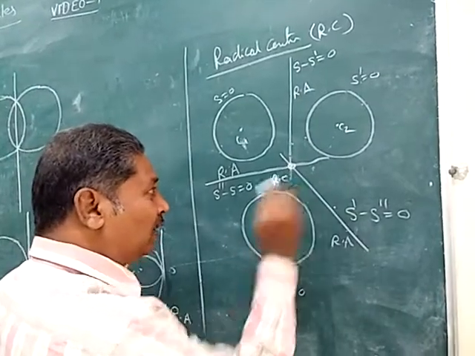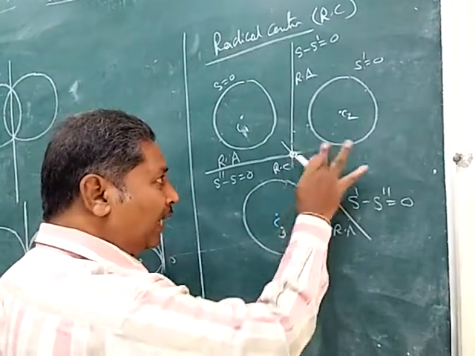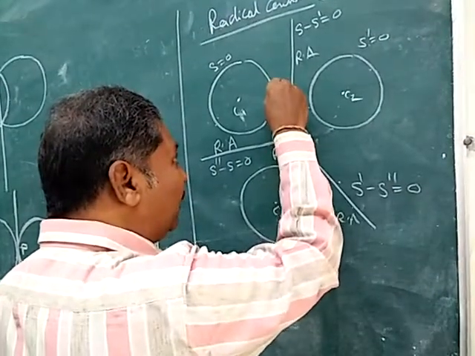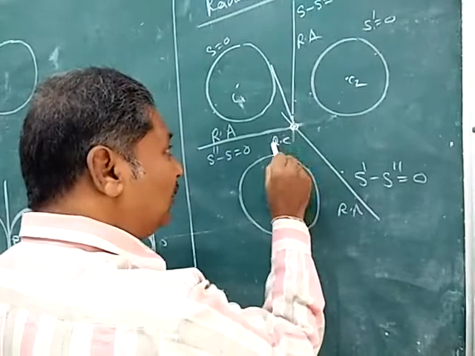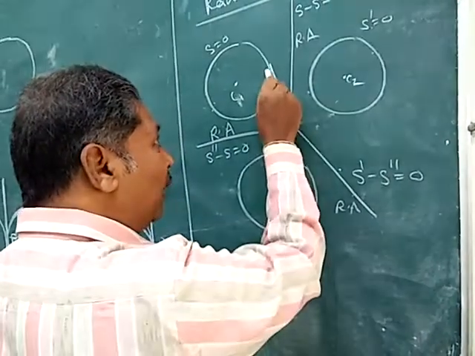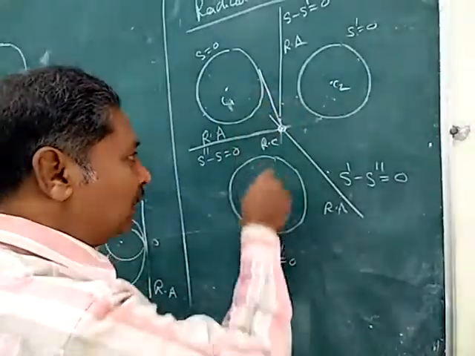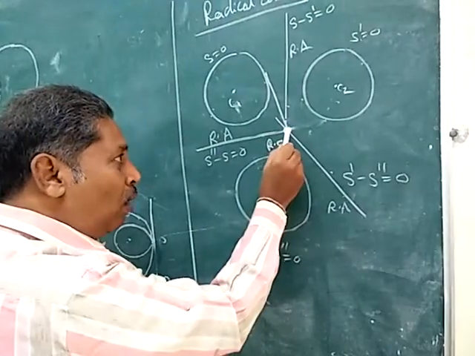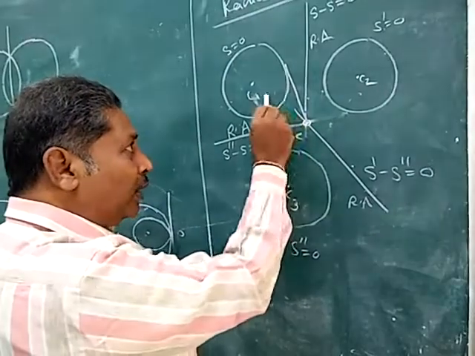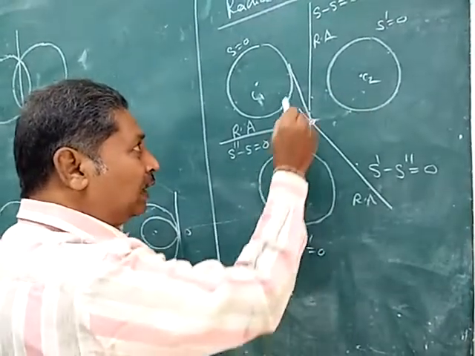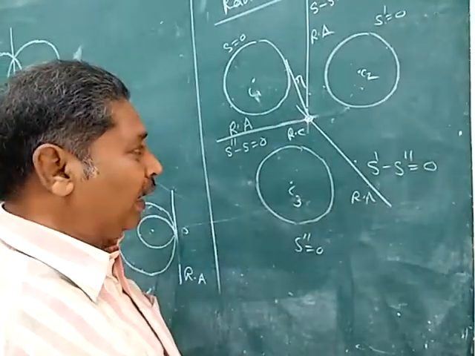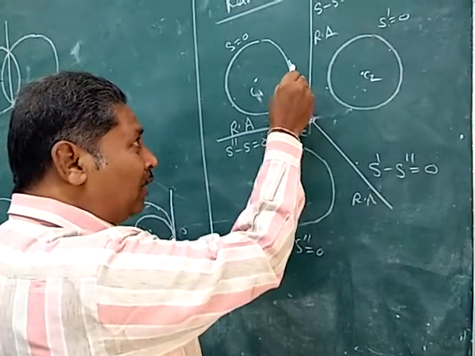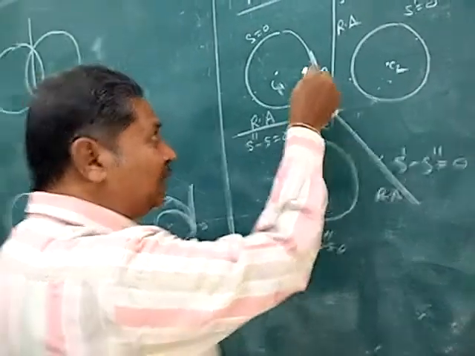Next, take this RC as center and the length of the tangent from RC to any one of these three circles as the radius.